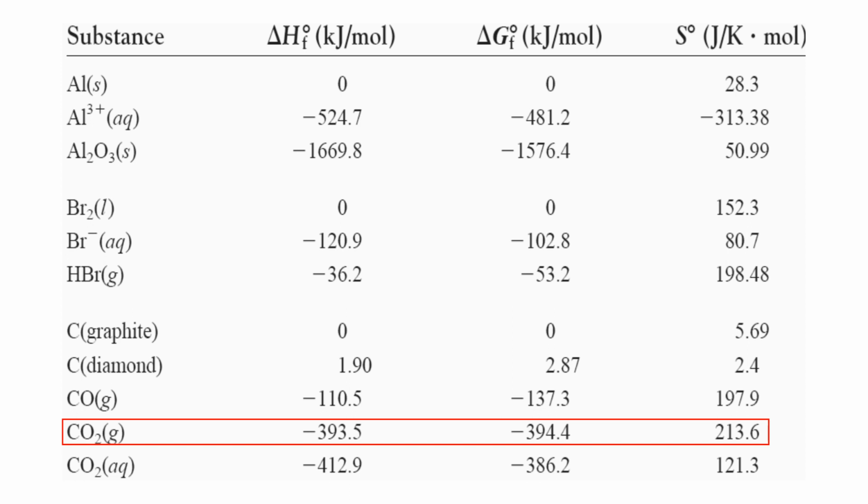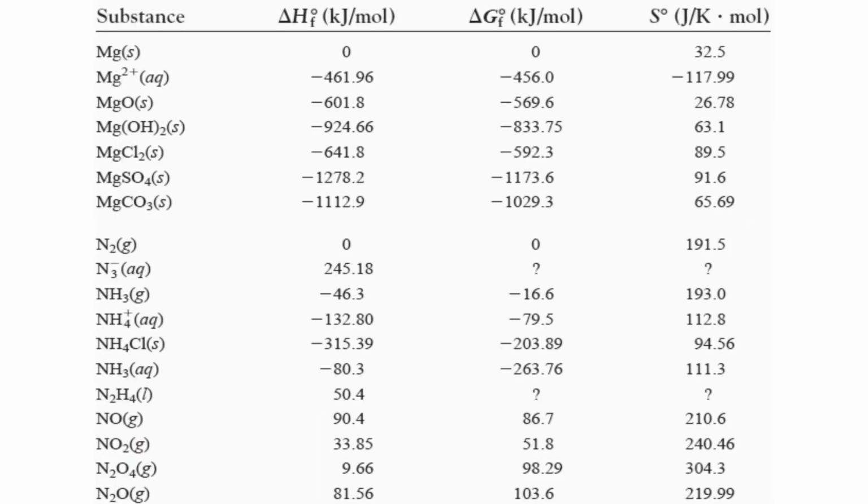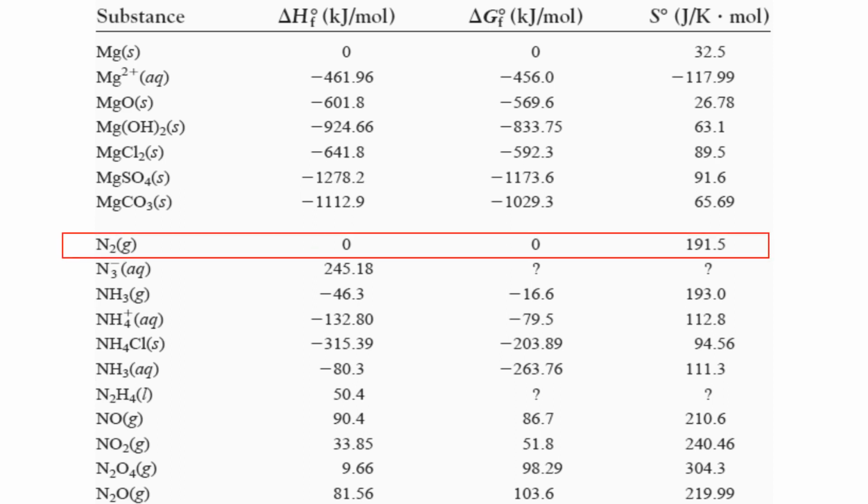In the fourth column, you will see the standard entropy of carbon dioxide, which is positive 213.6 joules per mole Kelvin. So 1 mole of carbon dioxide has a standard entropy of 213.6 joules per Kelvin. You will see the standard enthalpies of formation and entropies of some common substances in many books of inorganic chemistry.